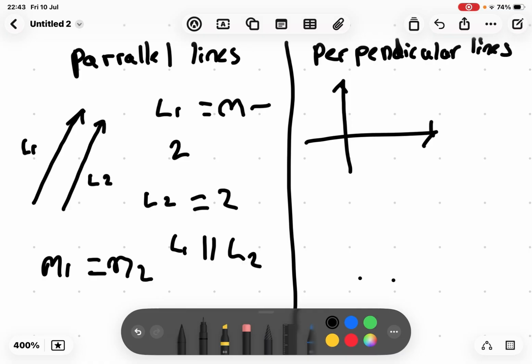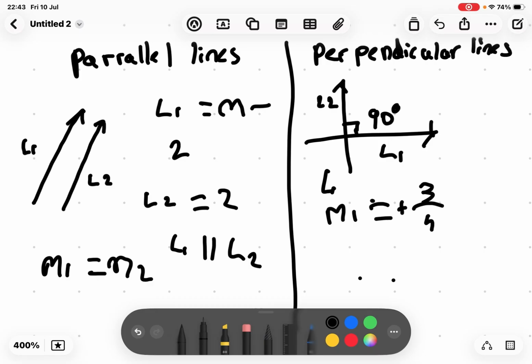And perpendicular lines make a 90-degree angle. Let's say for L1, the gradient is 3/4, positive, right?